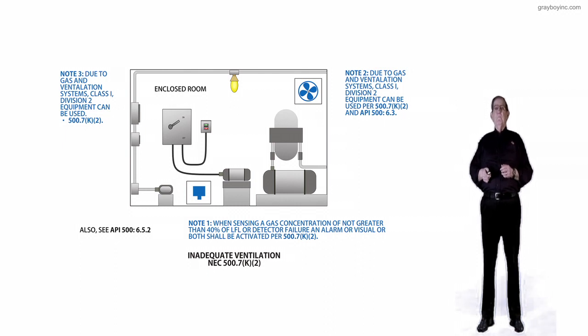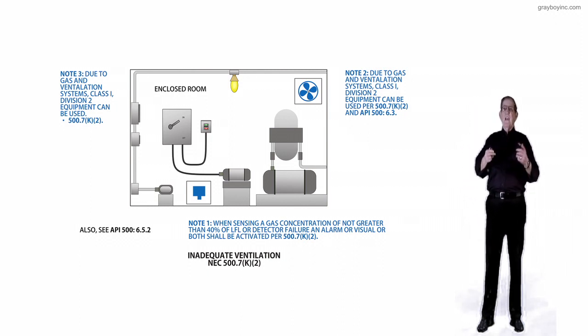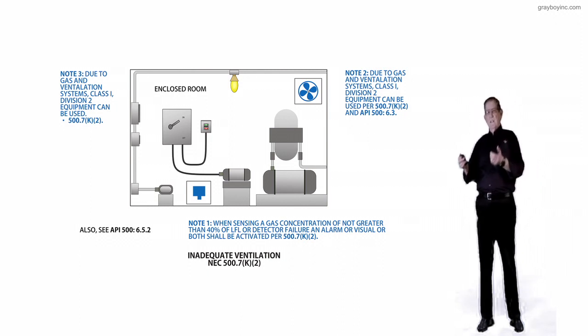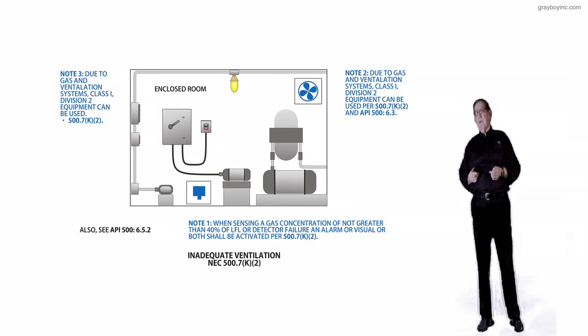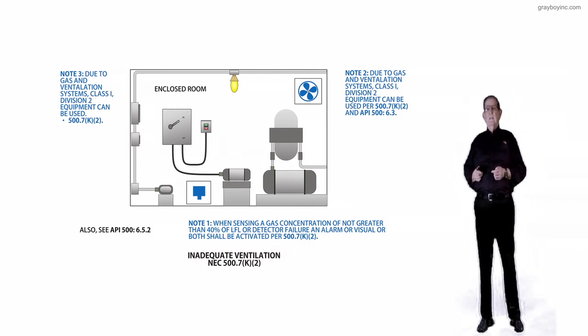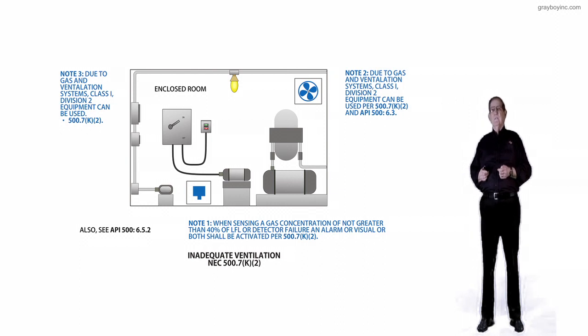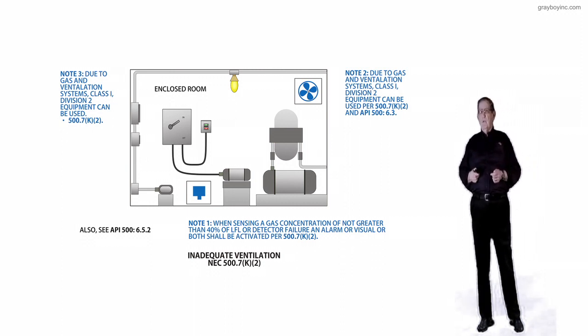You'd go to API 500, 6.5.2, and engineers would use gas detection systems and ventilation systems to reclassify an area or use lesser rated equipment in that area instead of explosion-proof equipment, which costs quite a bit to purchase. Keep that in mind as we move into our review of the notes.